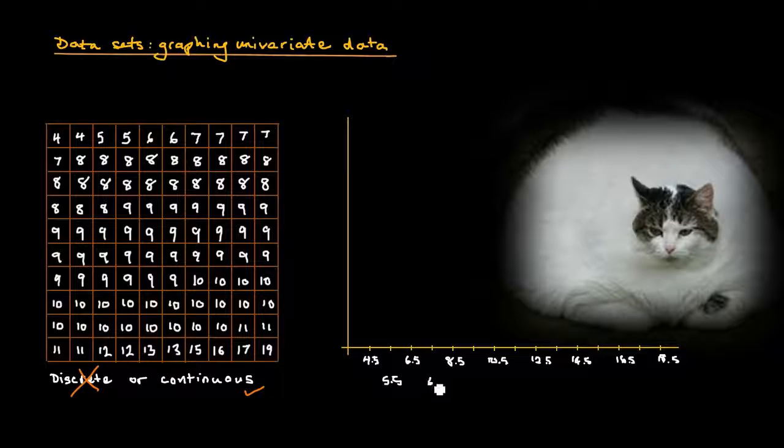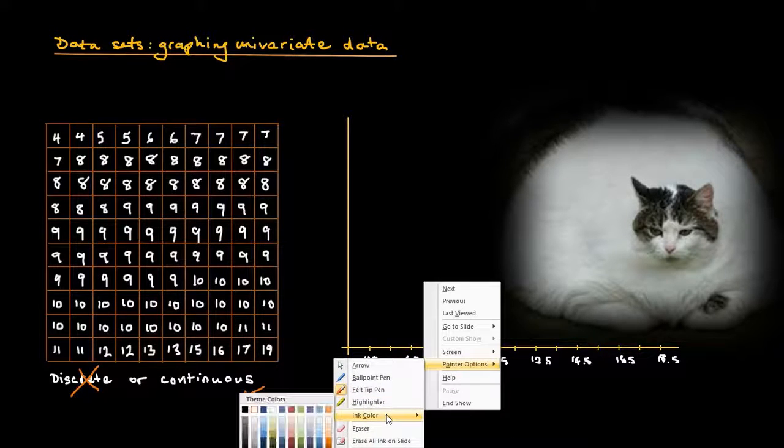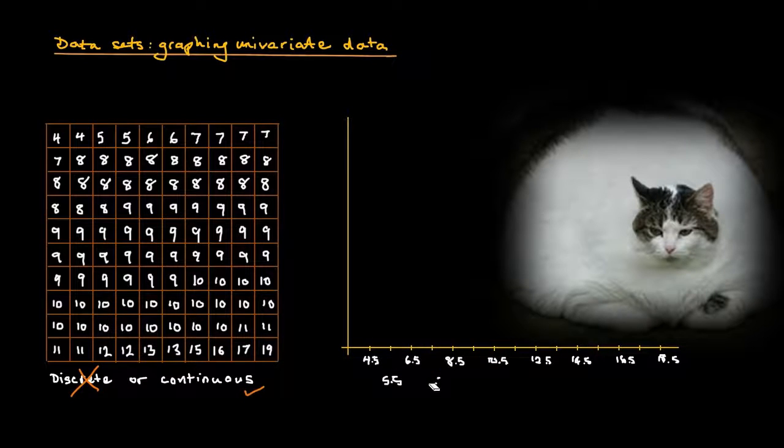Okay, so let's put these in. 7.5 rather is this boundary here. 7.5, 9.5, and so on.